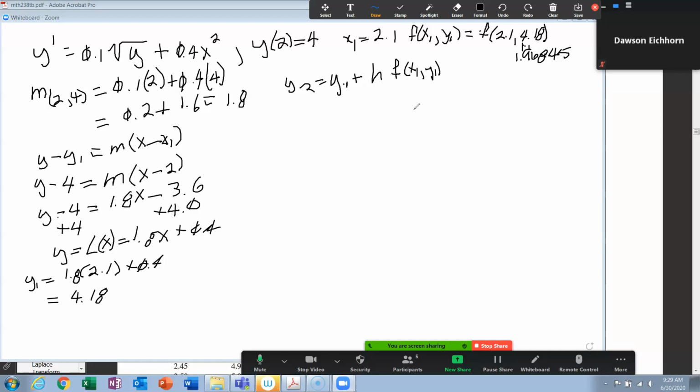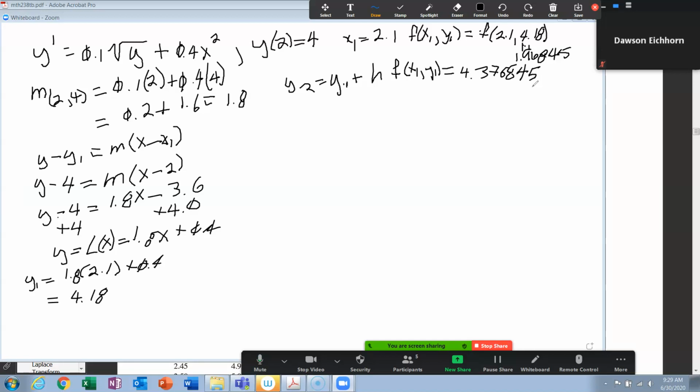The y2 that I got then was 4.376845. I don't know if you're doing it on your calculator, but that's what I got for my y2.